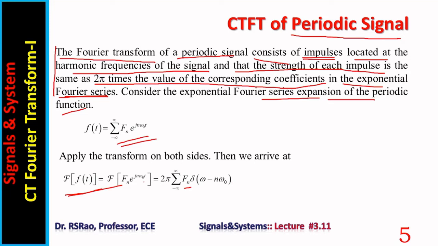Here, in deriving this relation, he used the Fourier transform relation between the exponential function and the delta function, about which we are going to see soon in the present session itself.